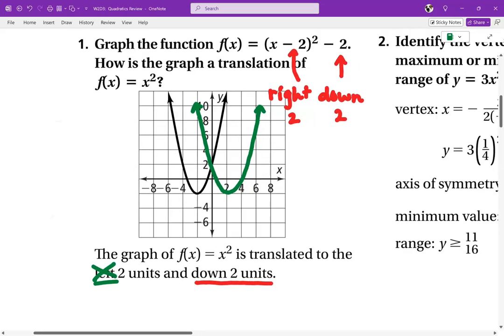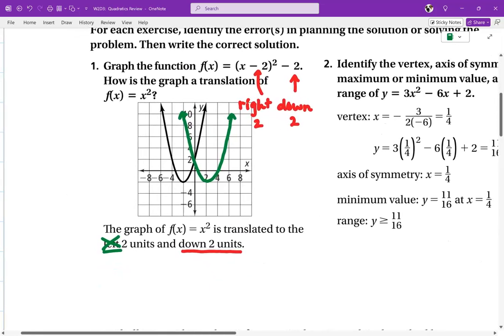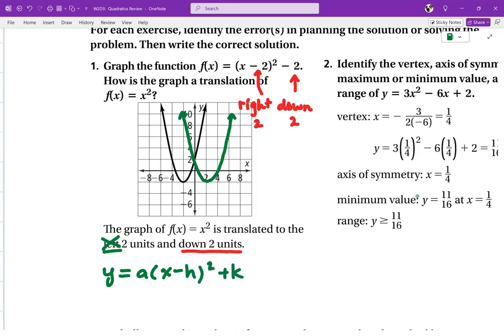Okay, now that we did that, I want to remind you guys about that equation. y equals a times x minus h, quantity squared, plus k. Remember, a, if a is positive, it opens up.